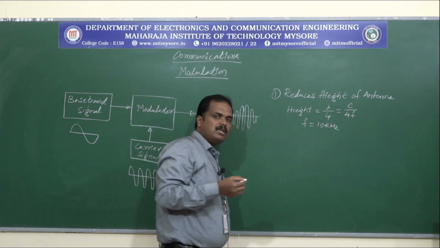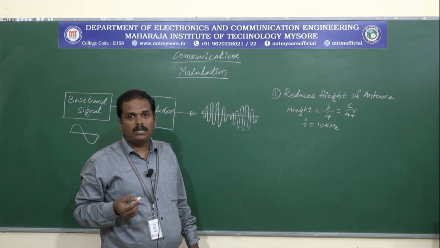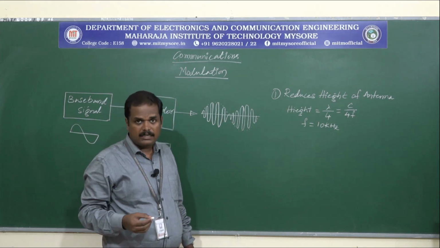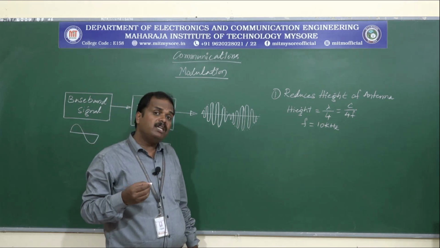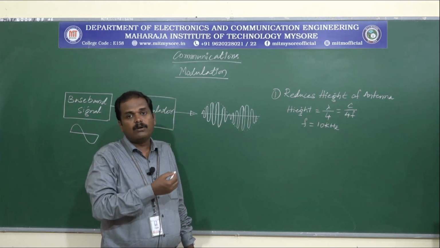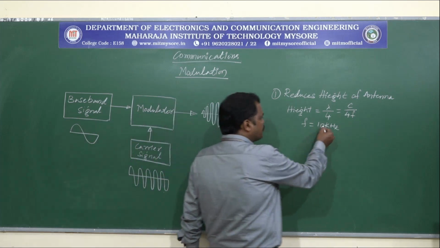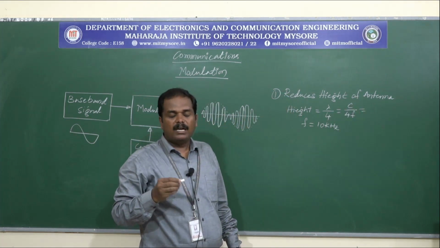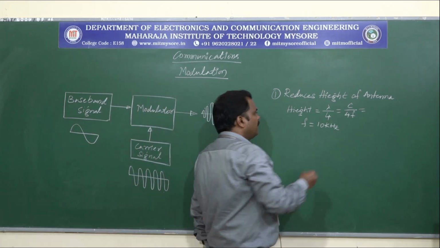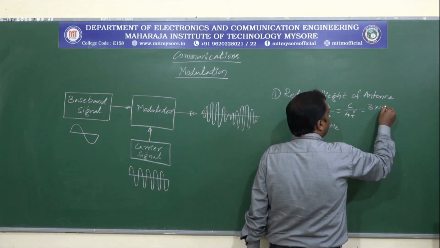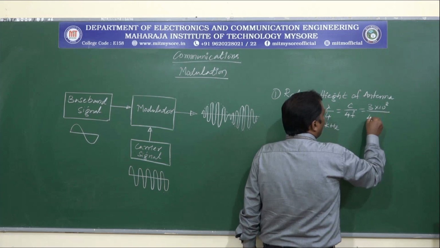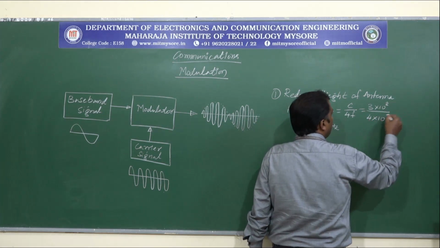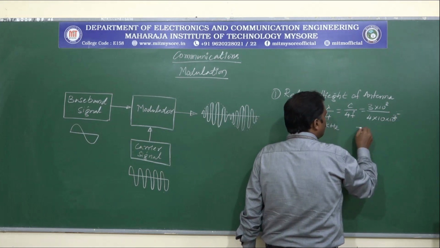Now say, for example, I want to have a signal of 10 kilohertz. We know the audio signal range is 20 hertz to 20 kilohertz. Let us find out the height of the antenna required to transmit this signal. C, the velocity of light, is 3 into 10 to the power of 8, and 4 into 10 to the power of 3 for 4F.